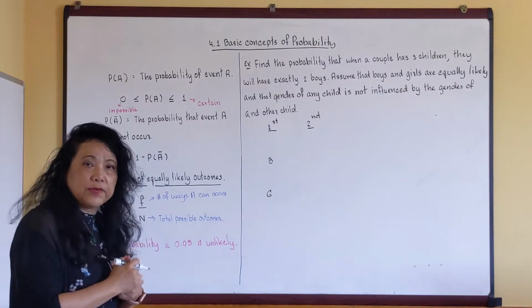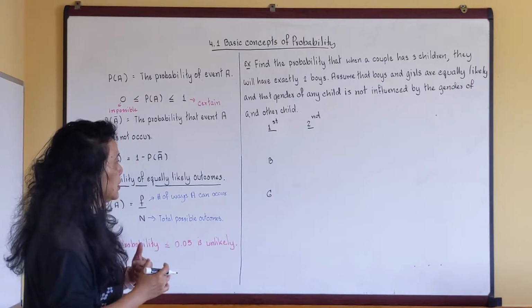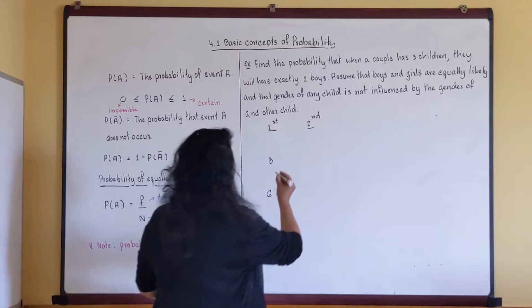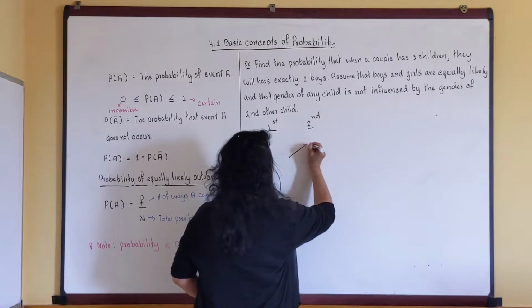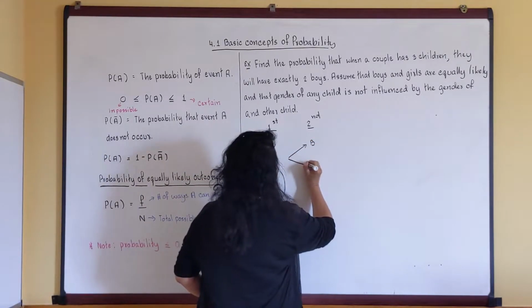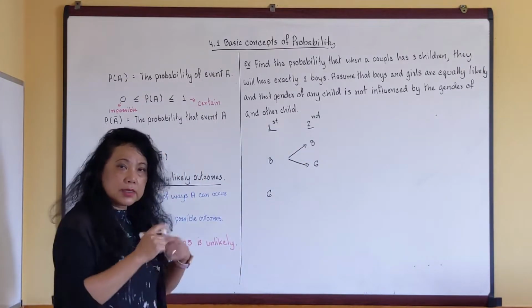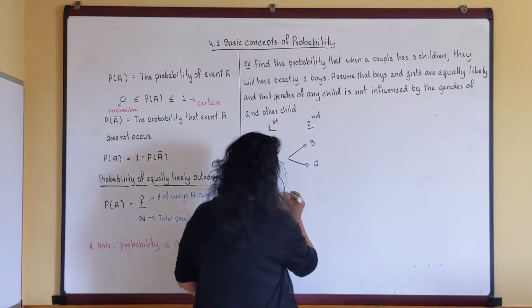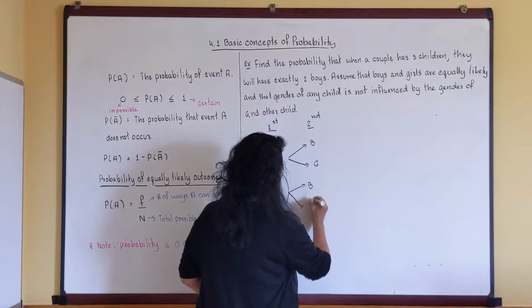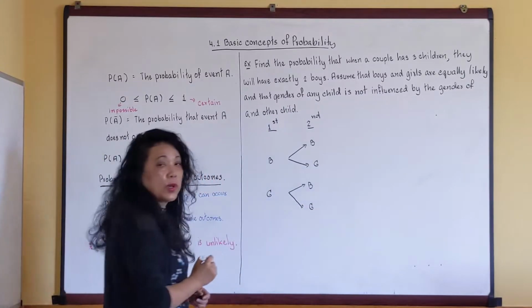Regardless of what you had first, because they don't influence each other, the second child is still going to be either a boy or a girl. If the first one is a girl, the second one can still be either a boy or a girl. So that's the second one.